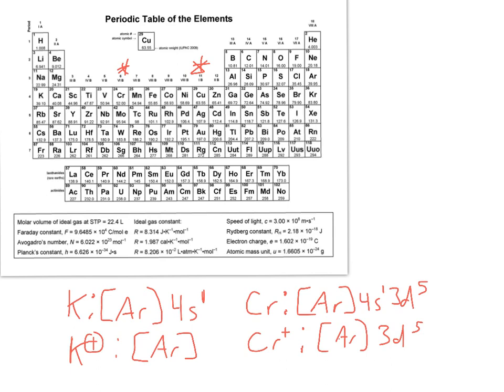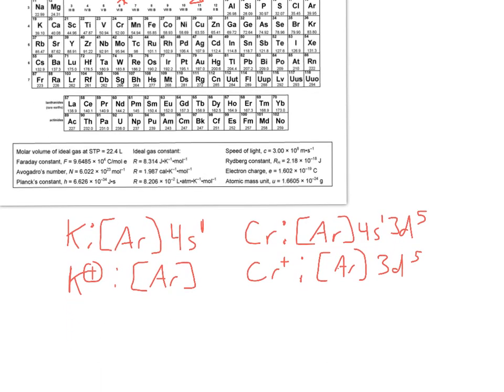What about chromium 2 plus? 3d4. So again, it's one electron at a time. Chromium is multivalent, or polyvalent, meaning it can form multiple oxidation states. If you had chromium 6 plus, it would adopt its noble gas core of argon.